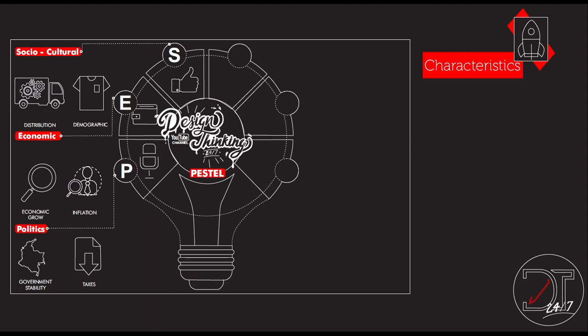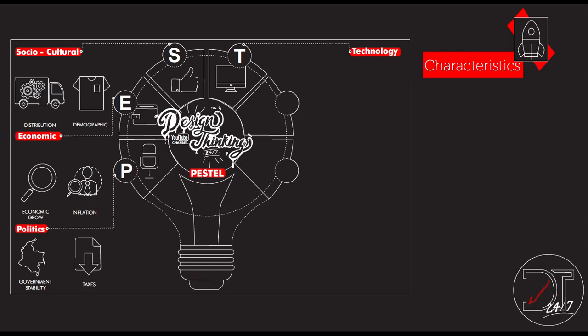But after a while, these things change and most of the time change a lot. So you need to understand that and analyze very deeply the demographic and the way that you distribute. This means if you have a factory and all the process that you have to do to develop your product, you need to check that very deeply.